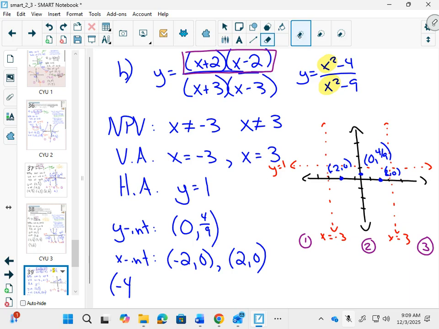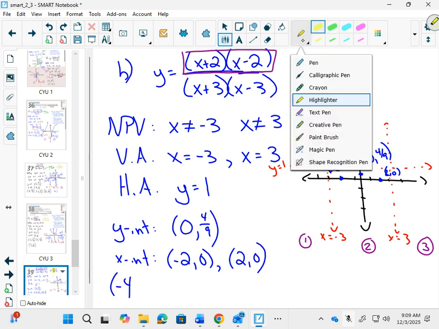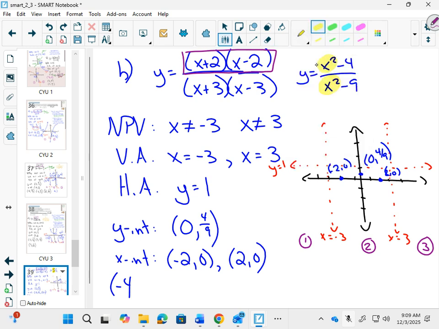Now, I don't know, what's easier for you here? The original equation is actually quite simple to use. Can you see if you plug in -4, you'd get 16 minus 4, 12 on the top, and 16 minus 9, 7 on the bottom.